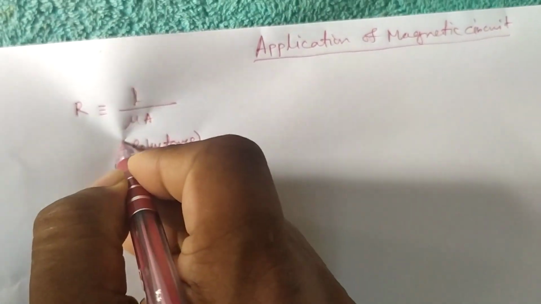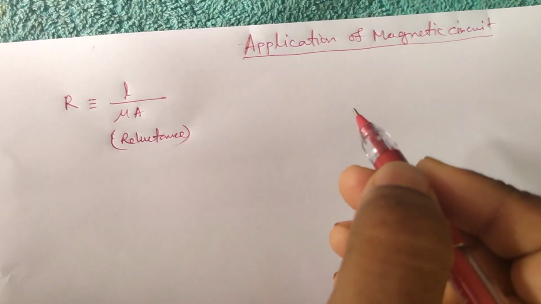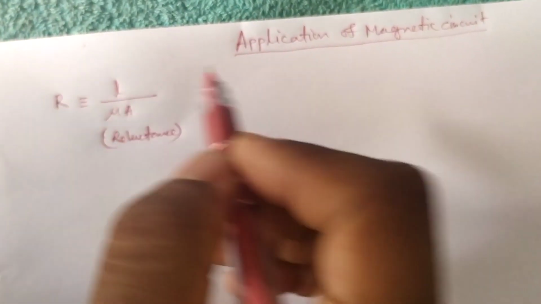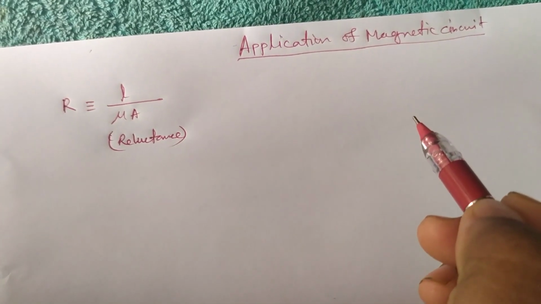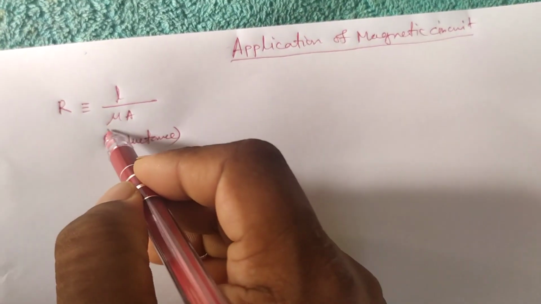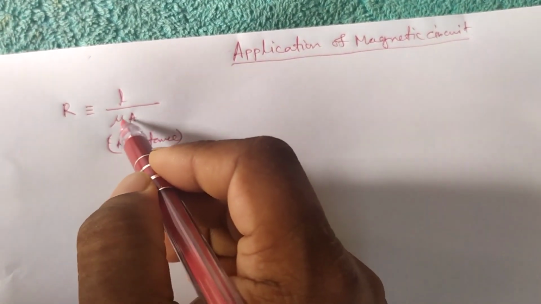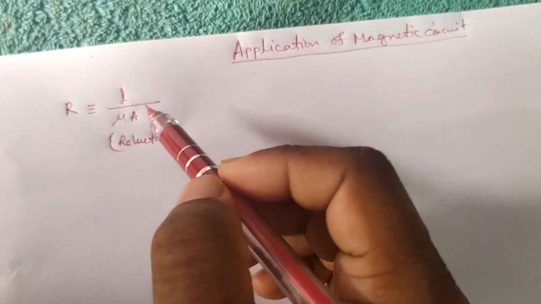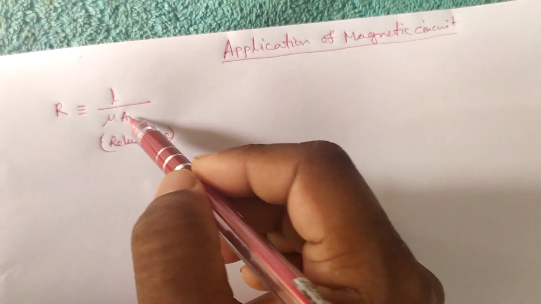This quantity plays the role of resistance in a magnetic circuit, where L is the length of the magnetic material we have chosen for forming the circuit, mu is the magnetic permeability of the material, and A is the cross section of the material.